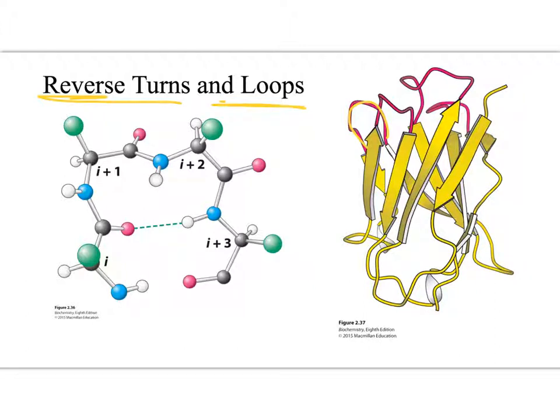And it's the carboxylic acid group of one, which we'll call the I residue here, in these reverse turns, that is going to be hydrogen bonded to the amino group residue that's 3 away. So it's the I plus 3 residue. And this is going to help stabilize the overall structure. Now the loops and turns will tend to lie on the surface of the protein, not embedded within the core, but rather at the surface of the proteins.